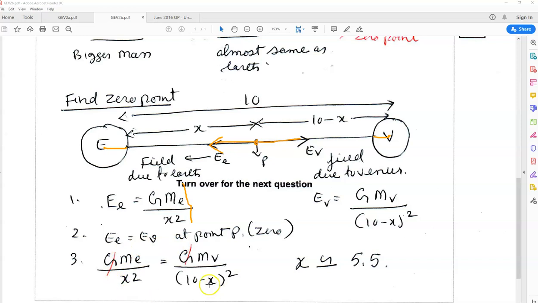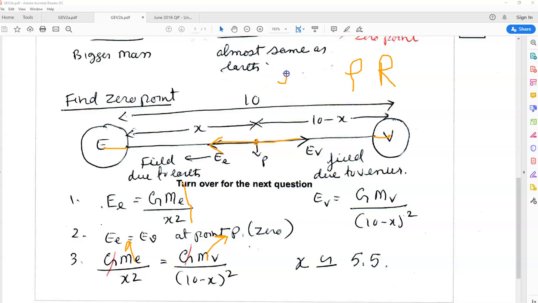If you simplify this, in order to get the value for x, you must know the mass of Earth. This is given in your data sheet, and the mass of Venus, this information is available in the question itself. In the question you are given the density of Venus, and we also found the radius of Venus in the earlier question.